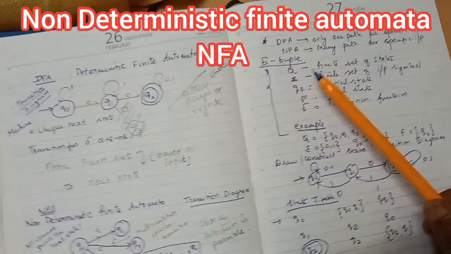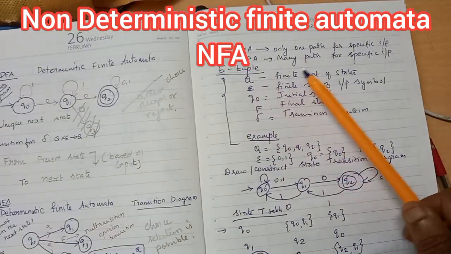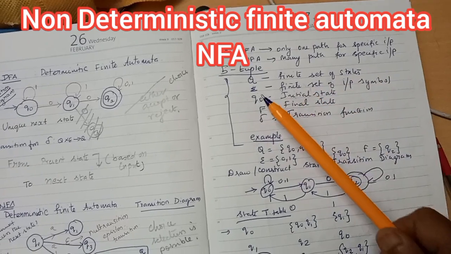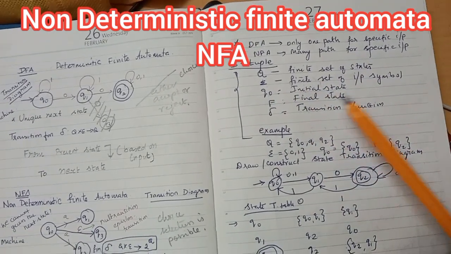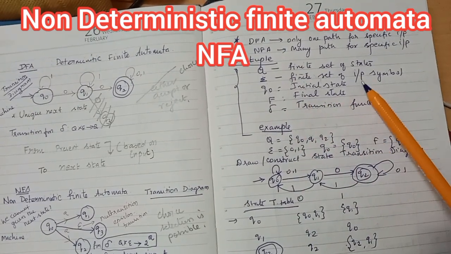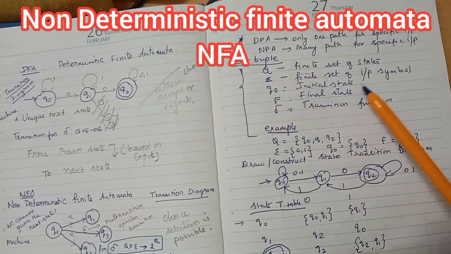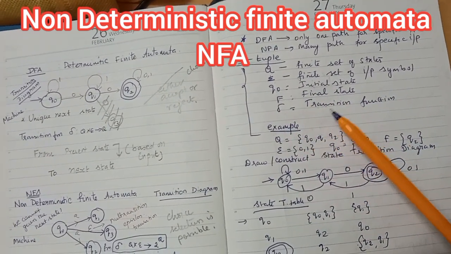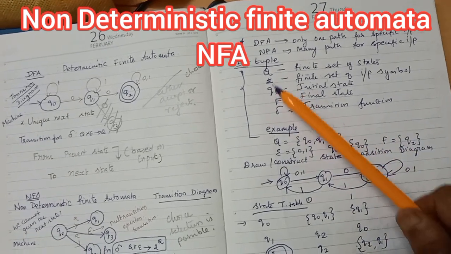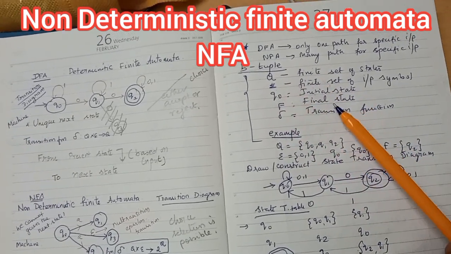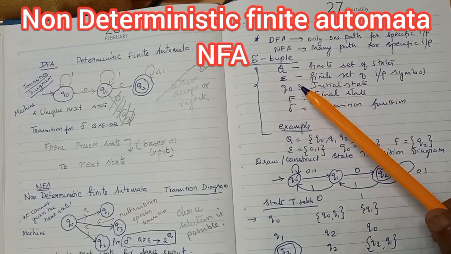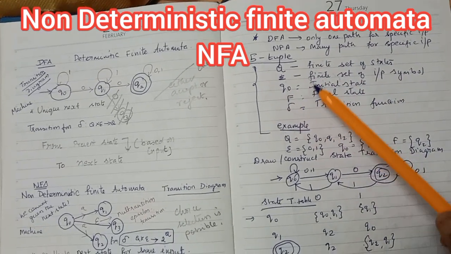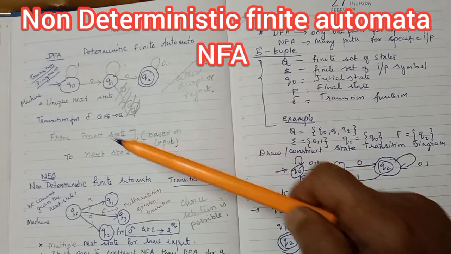It represents Q, a finite set of states; sigma, a finite set of input symbols; Q naught, the initial state; F, the final state; and delta, the transition function. So a deterministic finite automaton is a 5-tuple: 1, 2, 3, 4, 5.